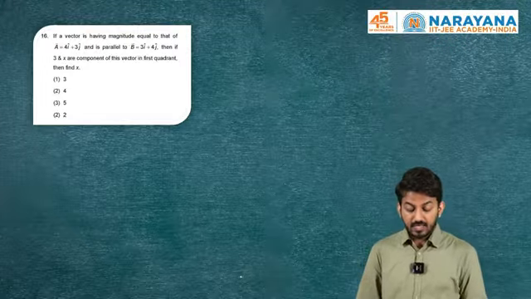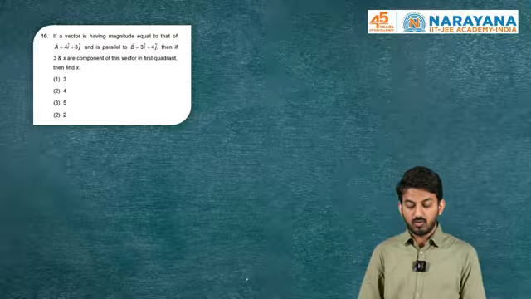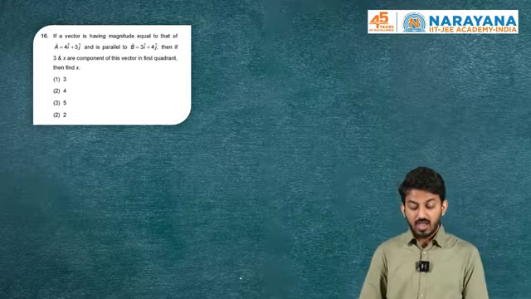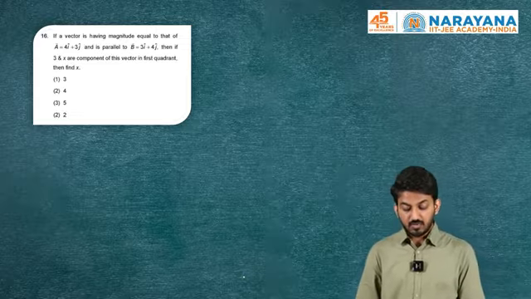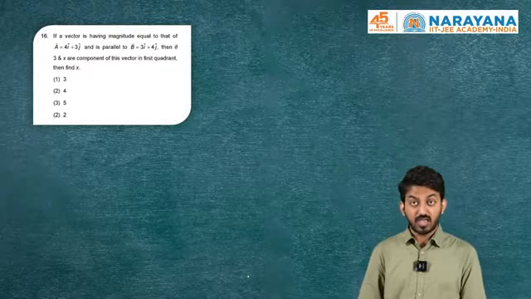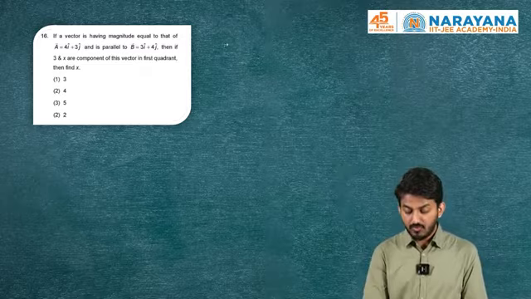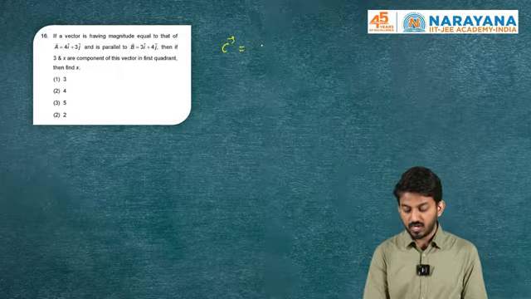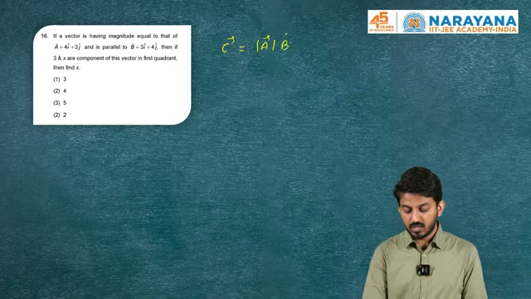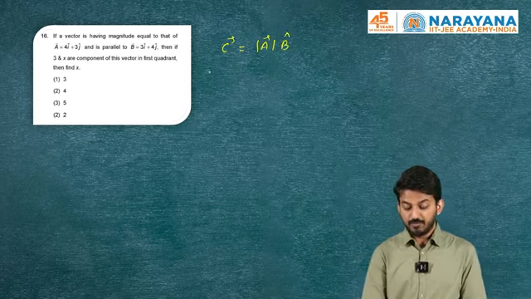Move on. Now we have two vectors here. They have said a vector c is having magnitude equal to that of a vector and is parallel to b vector. Now the components given are 3 and x. So we have some c vector whose magnitude is equal to magnitude of a and direction is parallel to b.